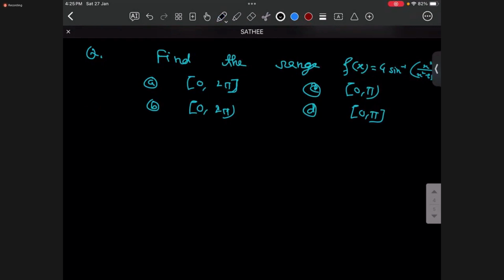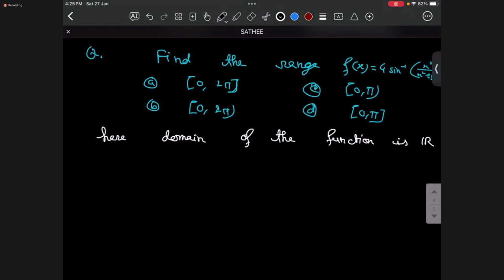So this is the function. Obviously, the domain of this function is the whole real number set.